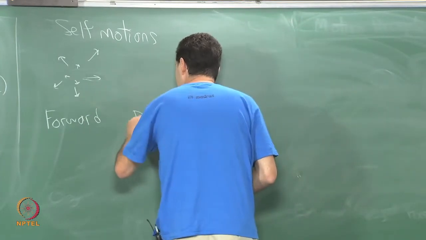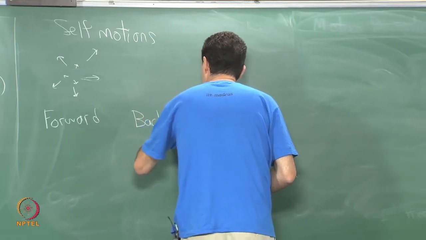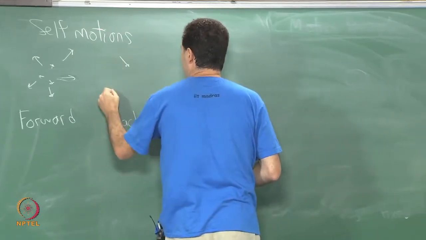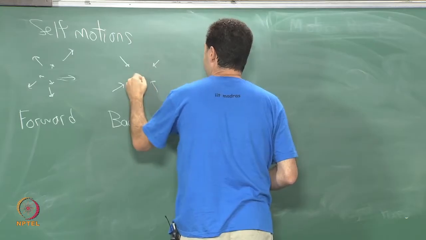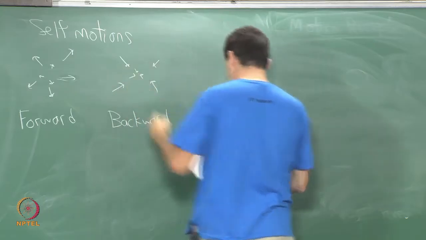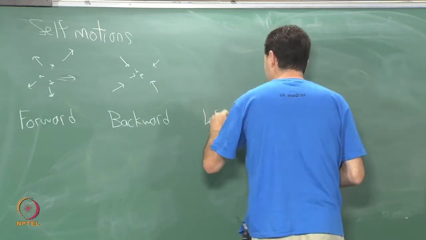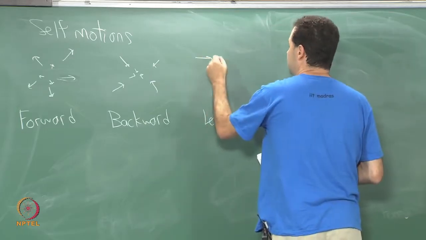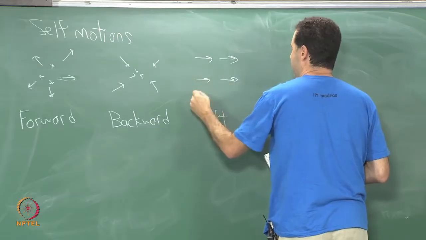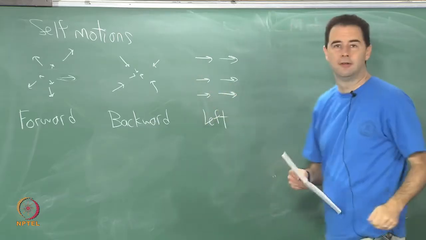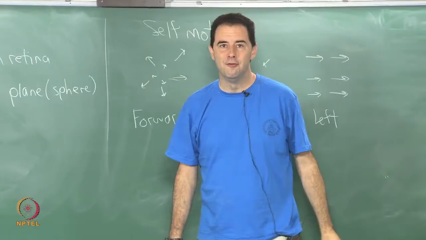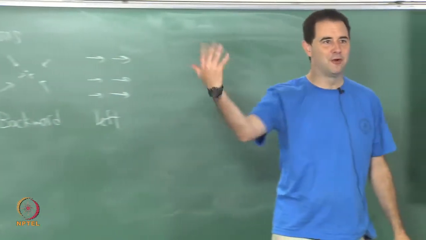If we go backward, then these reverse. And if we go to the left, then we see flow to the right. So when I move myself to the left, I see you flowing to the right.